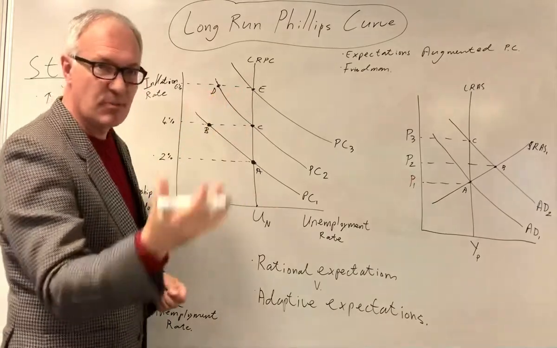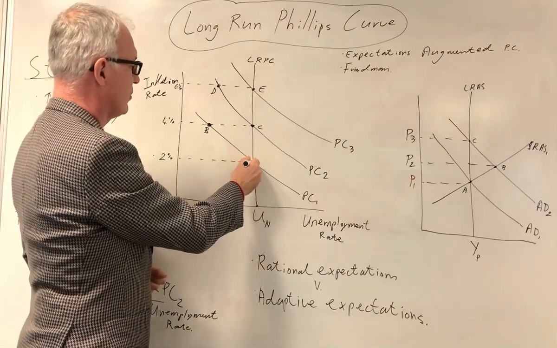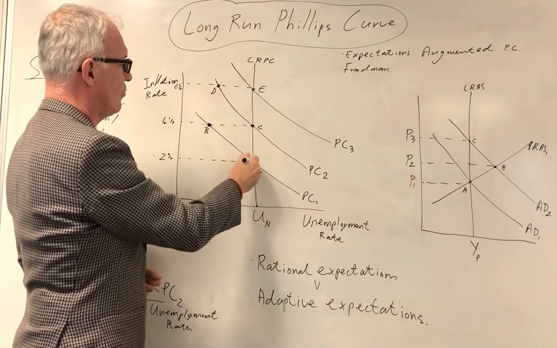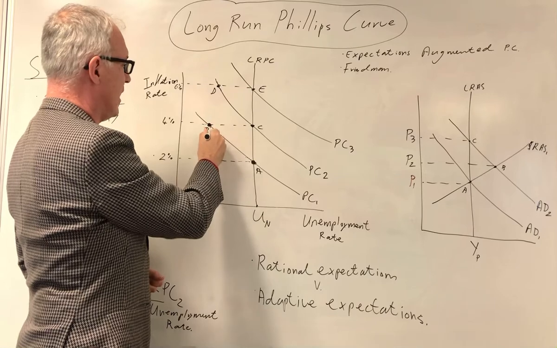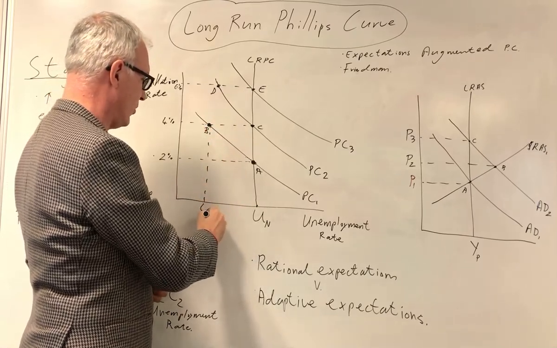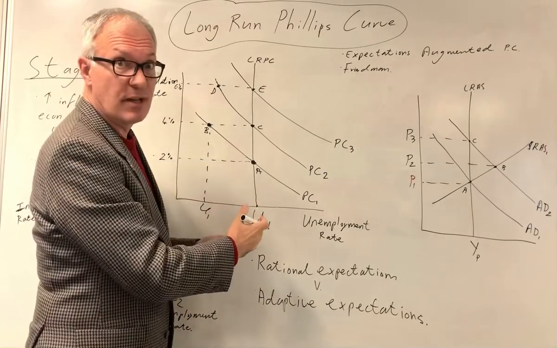The economy expands, and you have an increase in nominal wages, and so we move from A to B, and at B, of course, there's a lower level of unemployment, U1, and we've fallen below the natural rate.